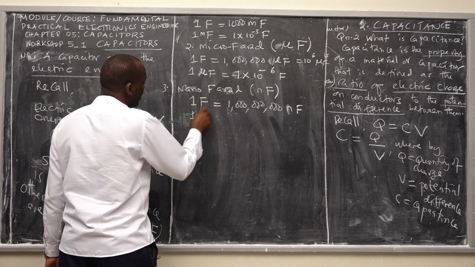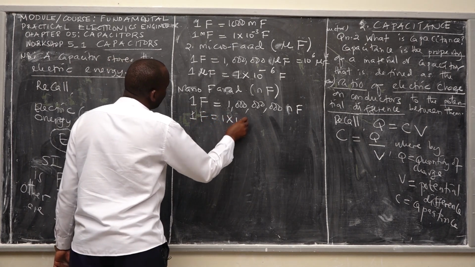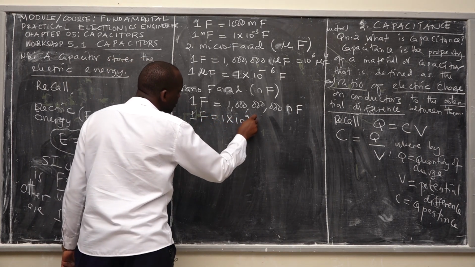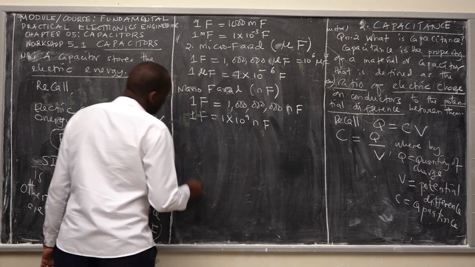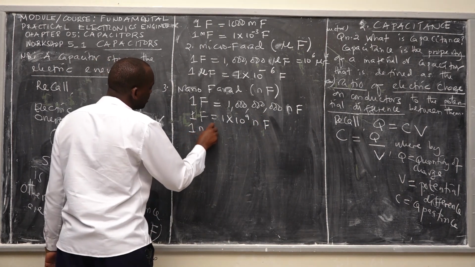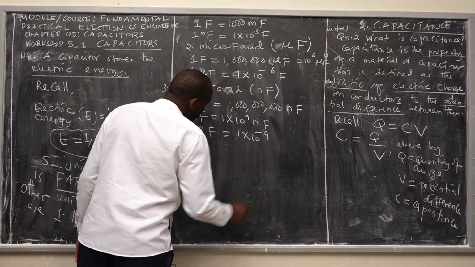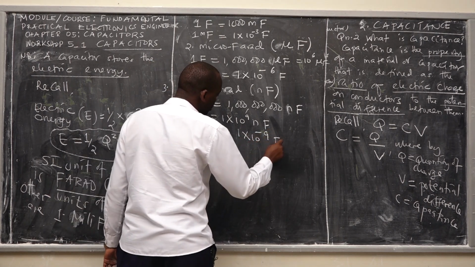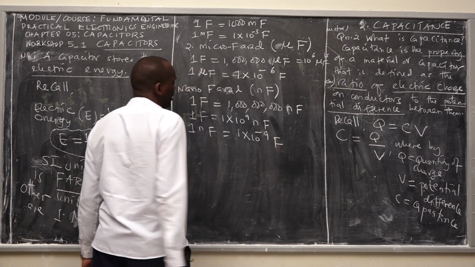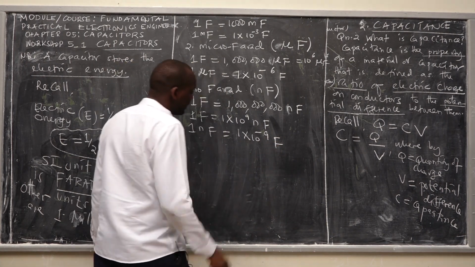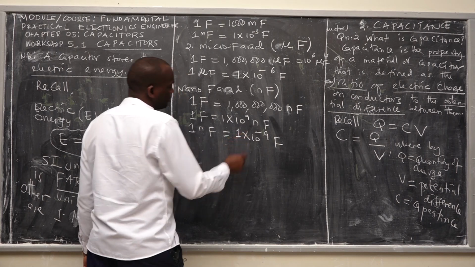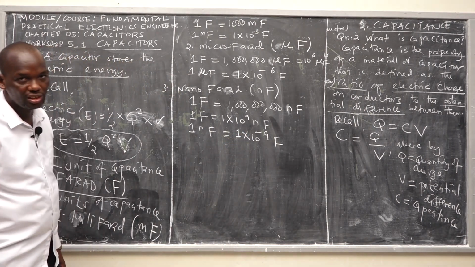Simply say that 1 farad is equal to 10 exponent 9 nanofarad, and 1 nanofarad is equal to 10 exponent negative 9 farad. Some of our friends who covered this course did not go for A-level education; they ended in O-level education.